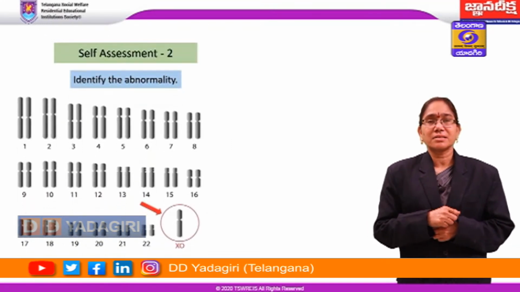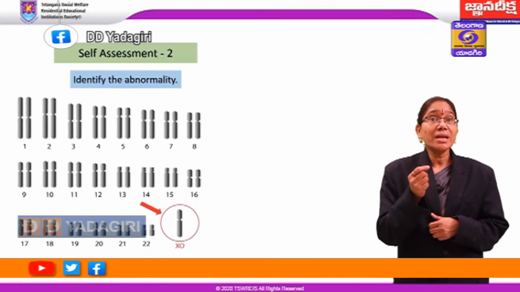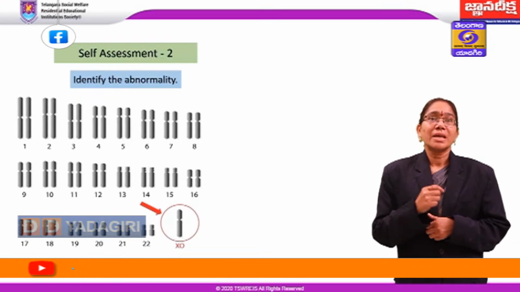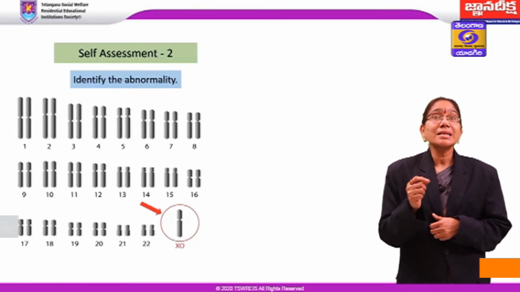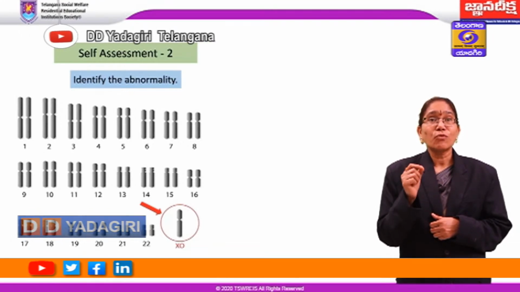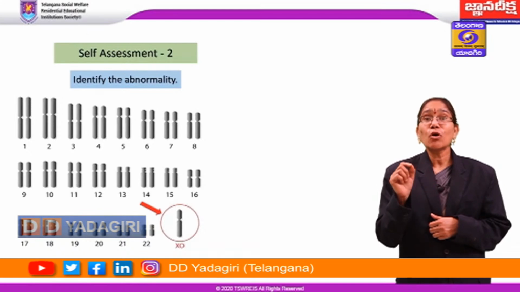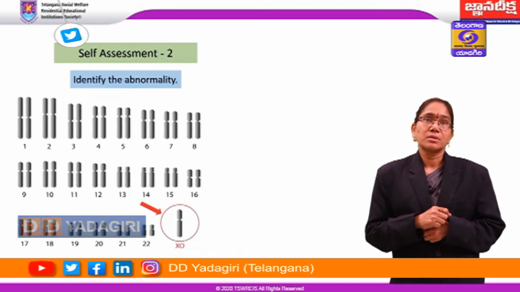Try to identify it. In this, we can see only one X chromosome. It results in Turner syndrome. The chromosome complement is 44 plus X0, total 45 chromosomes.